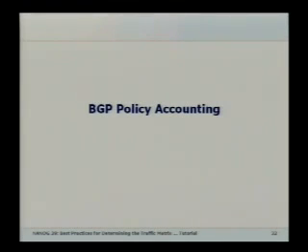Next one is BGP policy accounting, which I personally think is a very simple and nice mechanism to get very useful data. What it basically does is, you have a certain amount of counters, buckets, where you can count traffic in, and you can assign them to access lists which use BGP.